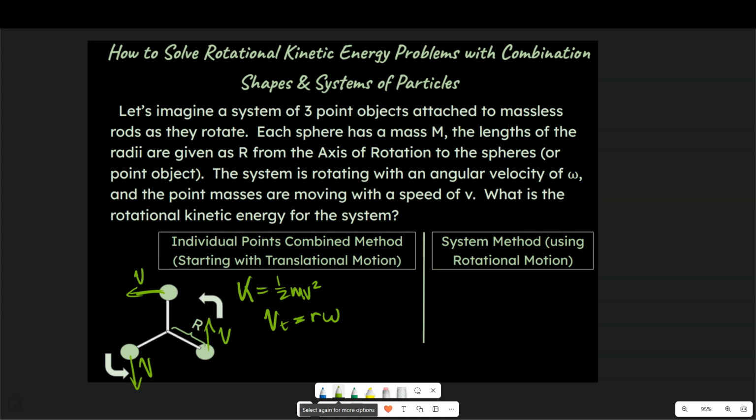This equation is what I've called small but mighty because this is the translational version of variables and this is a rotational version of variables. So you can use this small but mighty equation to interchange between translational or linear variables versus rotational variables.